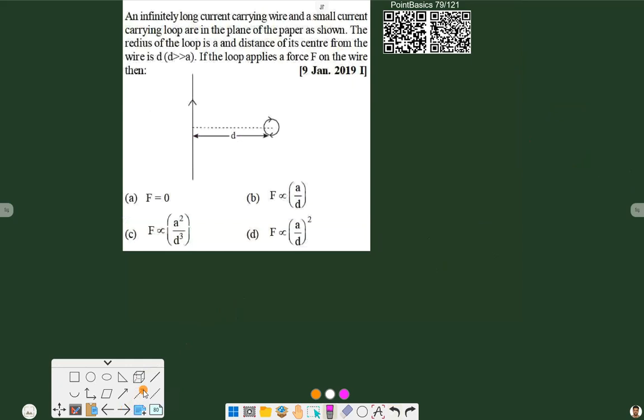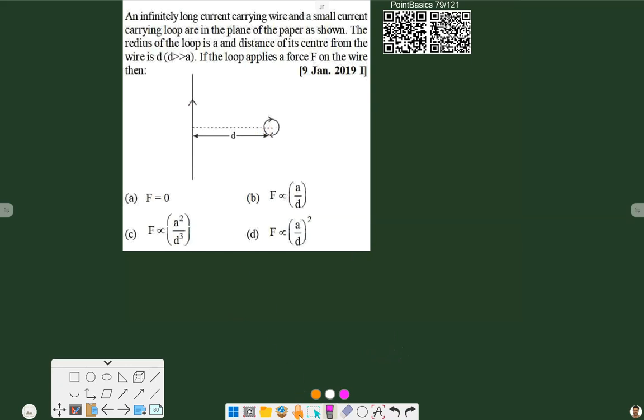An infinitely long current carrying wire with a small current carrying loop in the plane of paper, as shown. The radius of the loop is a and the distance from the center to the wire is d. If the loop applies force F on the wire, then we have to find the value of the force F applied by the loop on the wire.